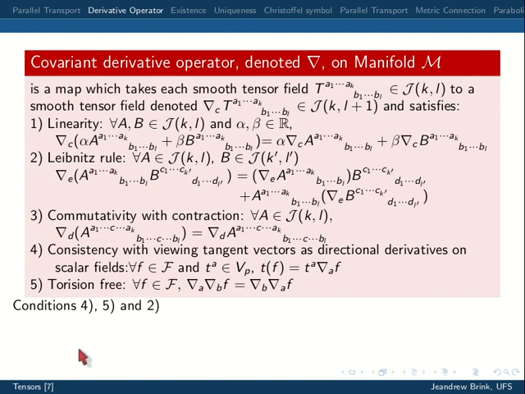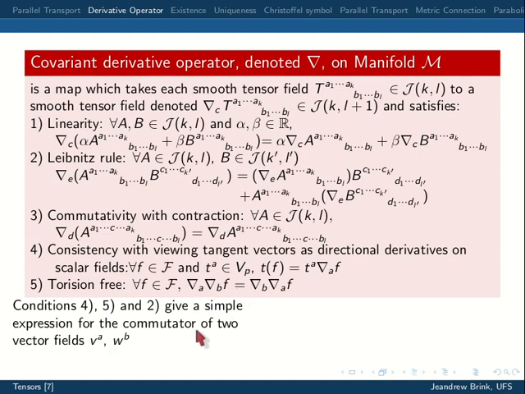Conditions 4, 5, and 2 basically give a very simple expression for a commutator. Remember, we had a vector field that we operated on a second vector field, and then switched the order, and we defined that to be our commutator. We can now use 4, 5, and 2 to give an expression of the commutator in terms of the derivative operator.